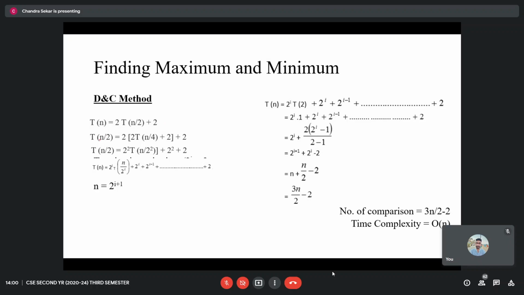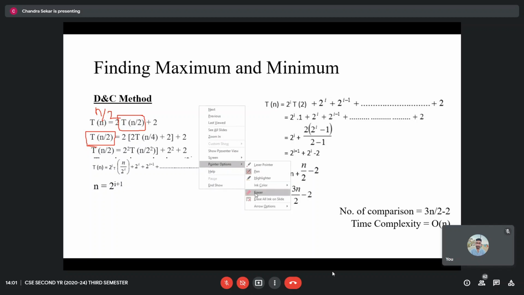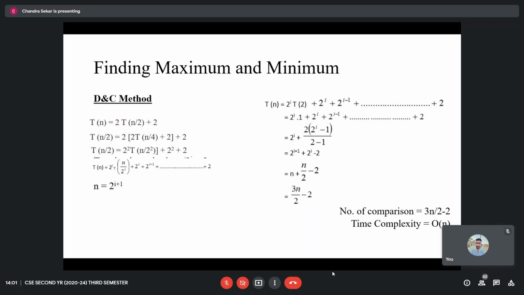Now, as I explained yesterday, in order to calculate this t of n by 2, t of n by 2 can be calculated by substituting n equal to n by 2 in the t of n equation. So instead of this t of n by 2, we write 2 times t of n by 4 plus 2.